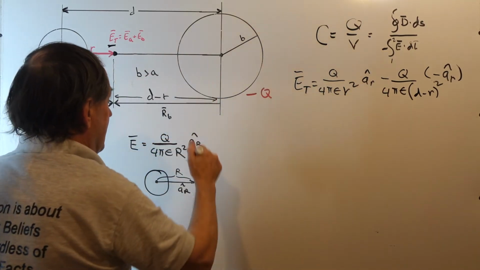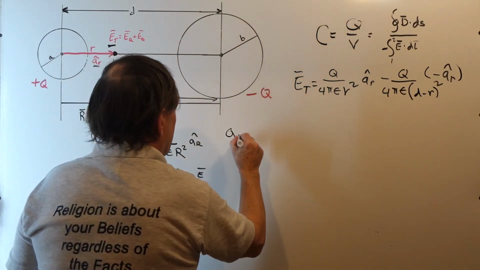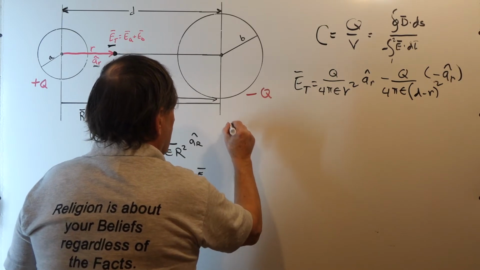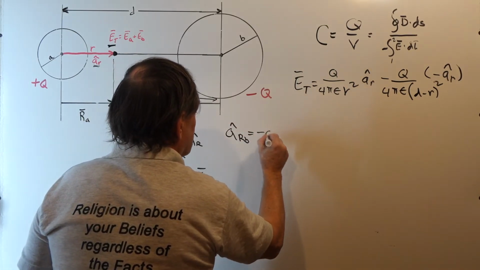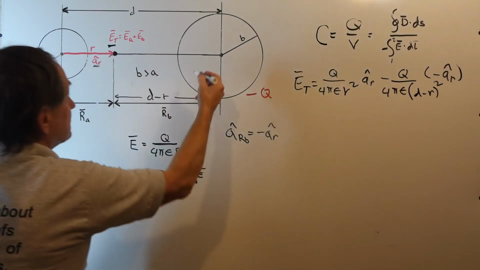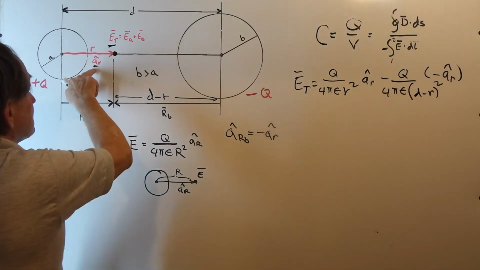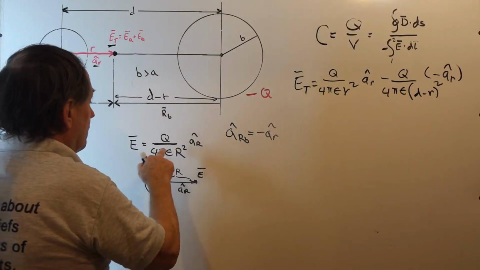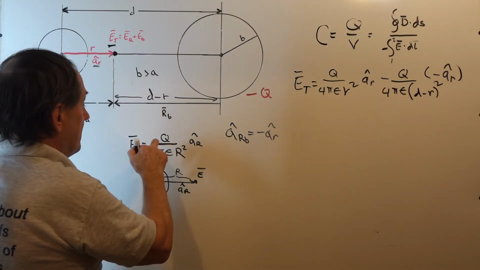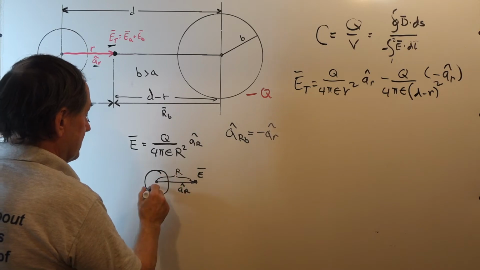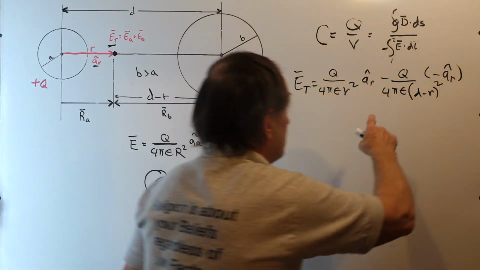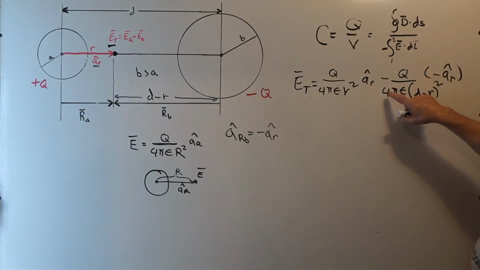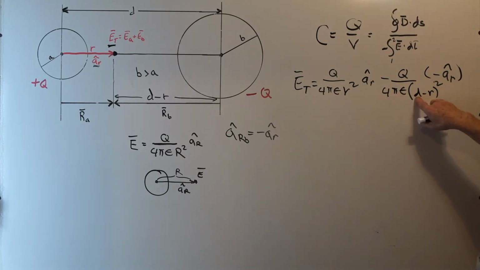So the ARB is the minus AR direction. The ARB is in this direction, opposite to the AR direction, and we have a minus Q for the charge. The charge on this sphere is minus Q. So we have here minus Q over 4 pi epsilon, and then this is our cap RB.